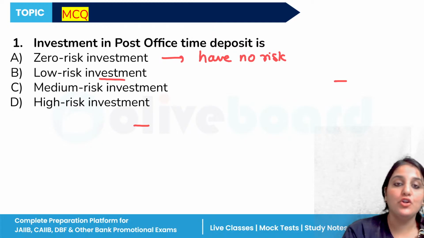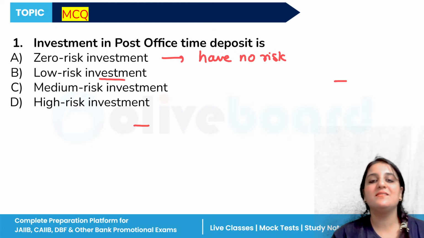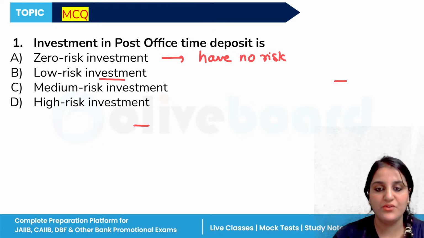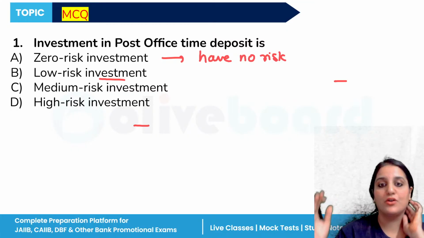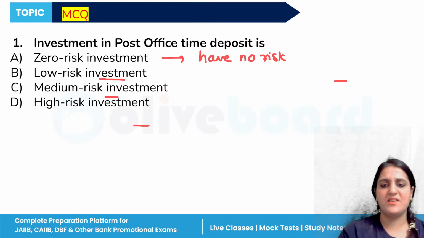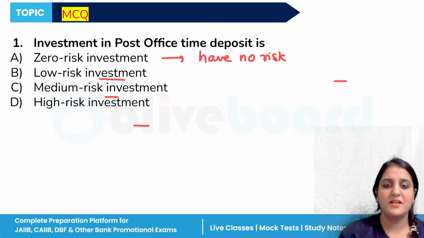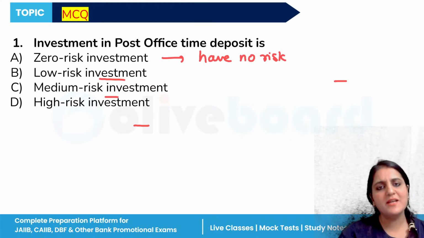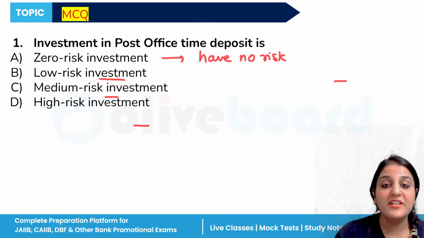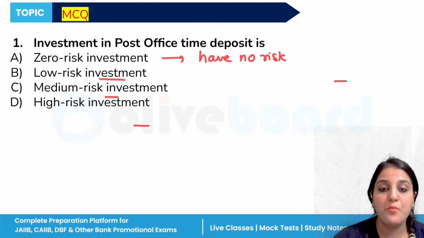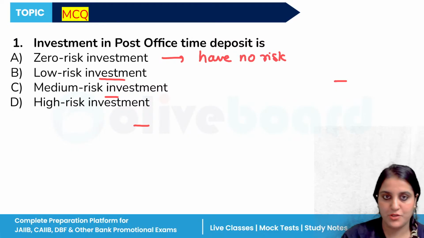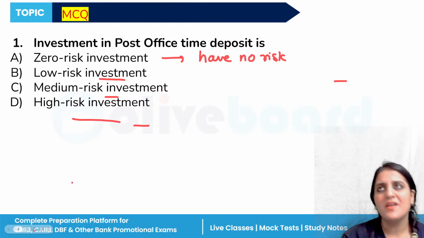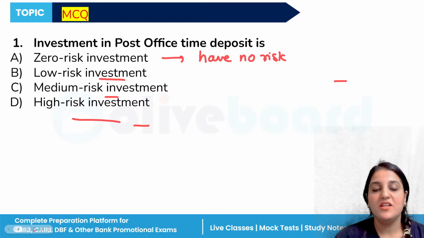If I talk about the low risk investment, these are less likely to lose value suddenly, but they also have a lower chance of higher growth. Medium risk investment, or moderate risk investment, occupy the sweet spot between low risk and the high risk options. And the high risk investment is an investment that has a higher chance of losing money.